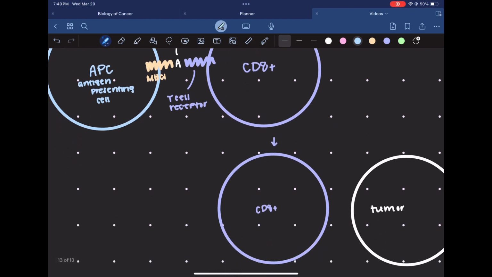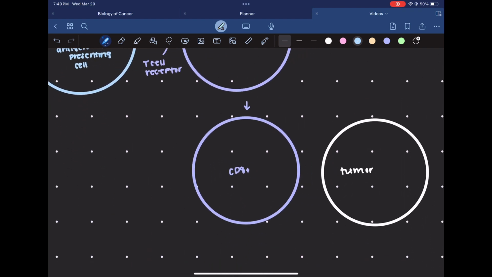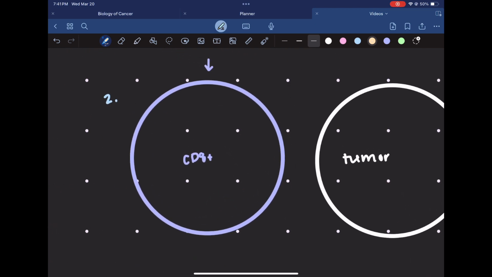So then our CD8 plus is going to go out. This is kind of like step 2 that I'm drawing down here. And it's going to find a tumor cell that matches that description. So it'll be a tumor cell that has this MHC1 molecule with an antigen present. And my CD8 plus will use its T cell receptor to recognize that. So again, this is my MHC1.